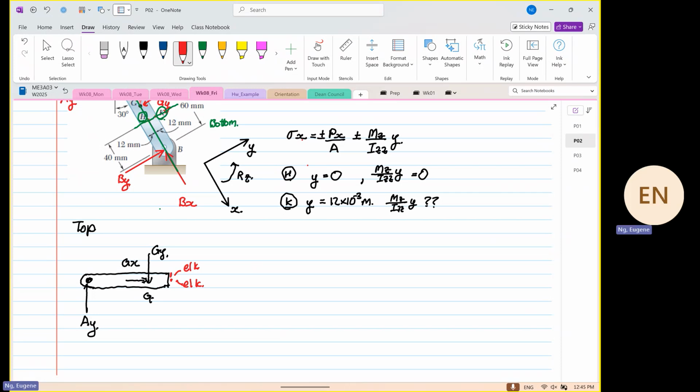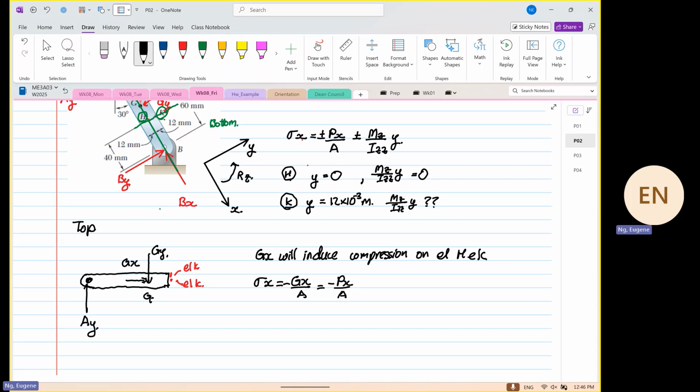From here, we know that GX will induce compression on element H and element K, where stress in the X direction is equal to GX over A, which is equal to PX over A. So these all carry a minus sign.